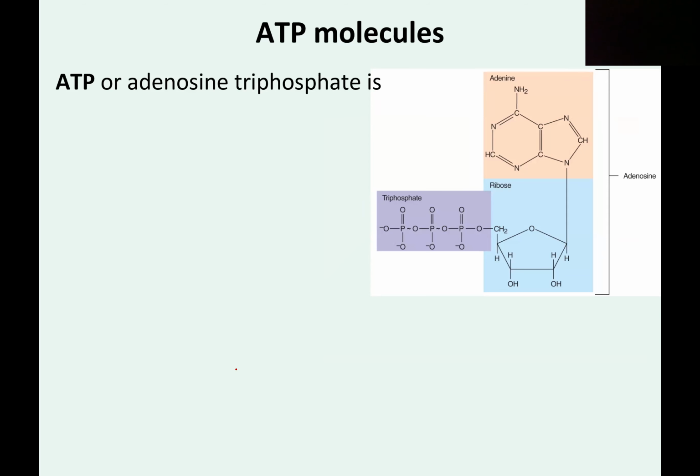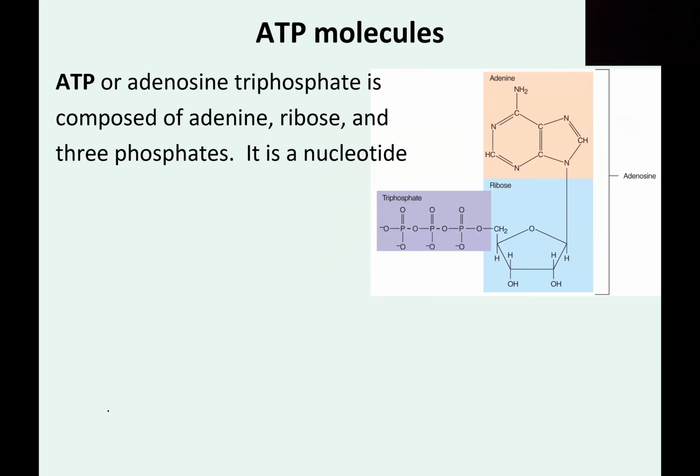It is composed of adenine, which is this orangish beige color, ribose, which is the blue, and three phosphates, which are in the purple here. You have one, two, three phosphate groups. It's called a nucleotide because it's got those components.